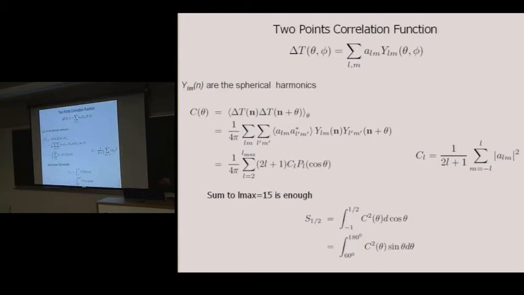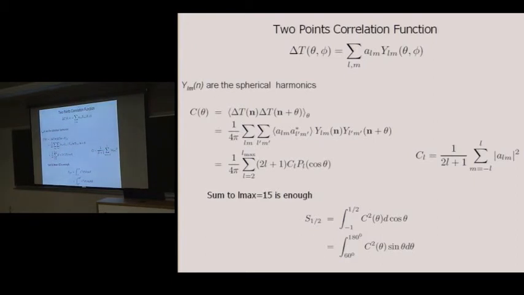So C of theta eventually becomes a Legendre transformation of these C_l. This summation runs from the lowest multipole, the quadrupole, to some cutoff, which I show here as l_max. In reality, summing to l_max equal to 15 is enough, because C of theta is most sensitive to the lowest multipoles.